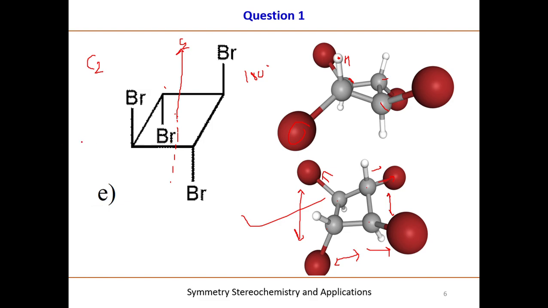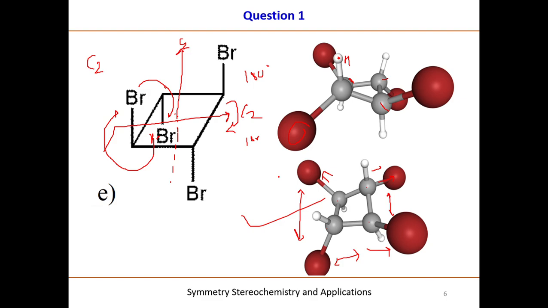The other C2 axis present here, you can see from here, this one, C2. If you pass the axis through here, you will see it will be rotated by 180, right? After 180 rotation, this bromine will come upside and this bromine will go downside.